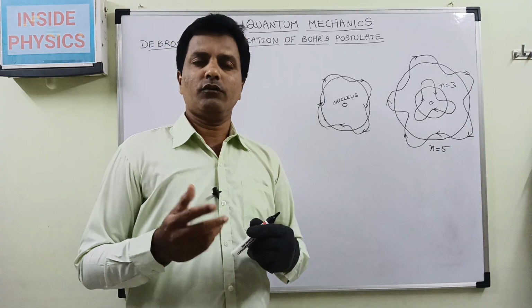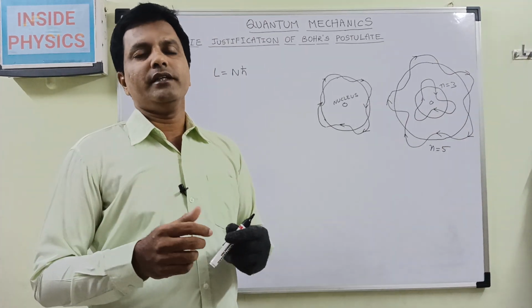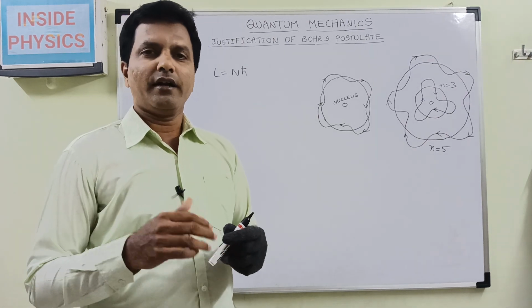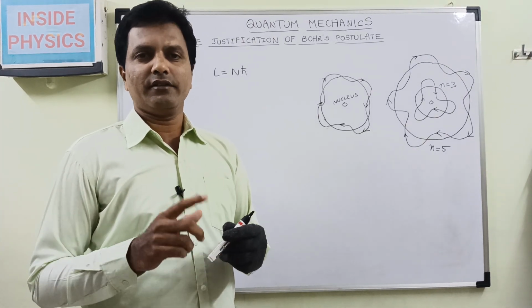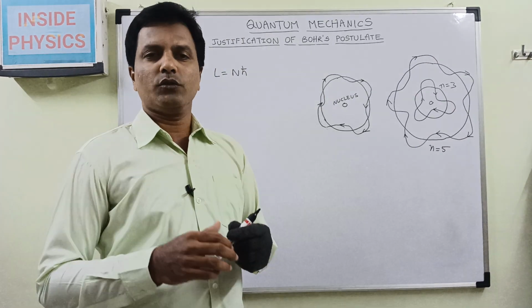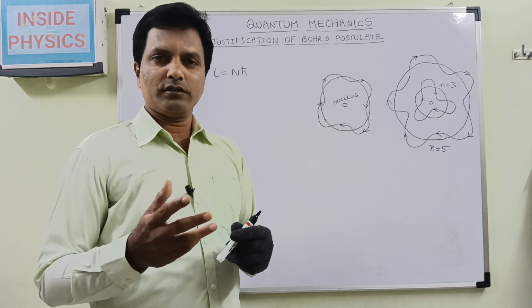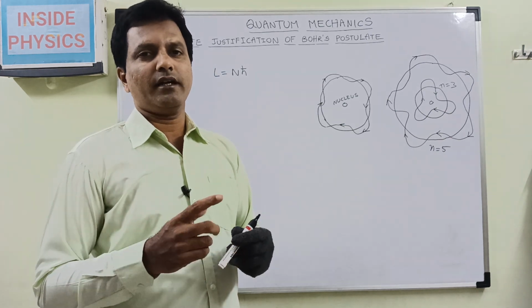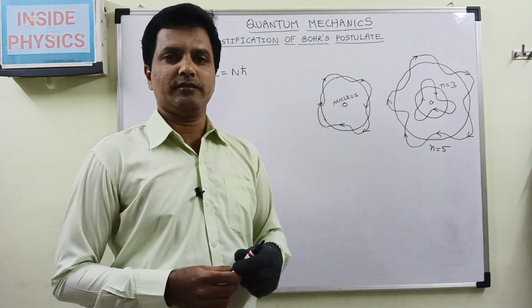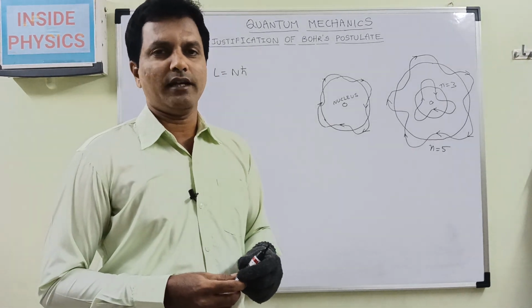If the wave is out of phase, it is revolving in different orbits and thereby having different phases. This would cause the electron to lose energy, and because of destructive interference of the electron wave, it may annihilate and lose its energy. But actually this is not happening.